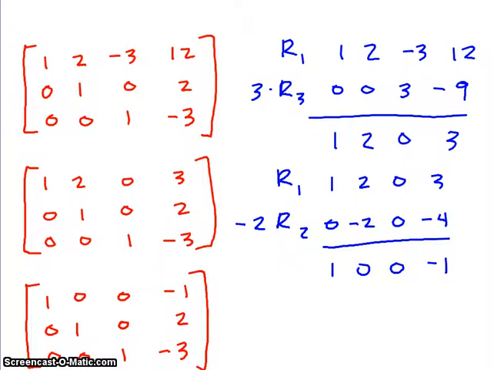Which means that we know x, y, and z. So this literally means that 1x is equal to a negative 1 and 1y is equal to a positive 2 and 1z is equal to a negative 3.